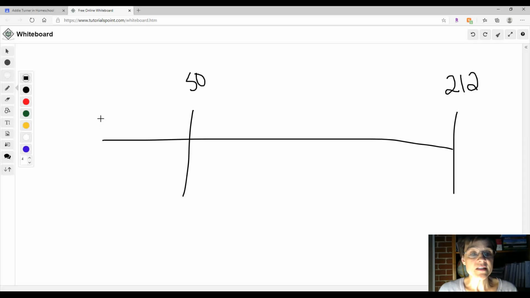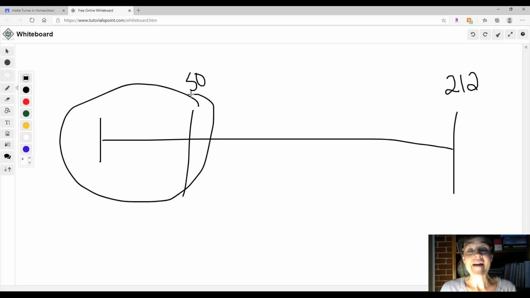Okay, so we'll just say this whole thing is the temperature line. We know that the whole thing is 212 because it takes 212 degrees to boil. So we're going to break it up into 2 pieces. We know this part is what we're at. That's 50. So how do we figure out what part is missing? Remember what I told you?